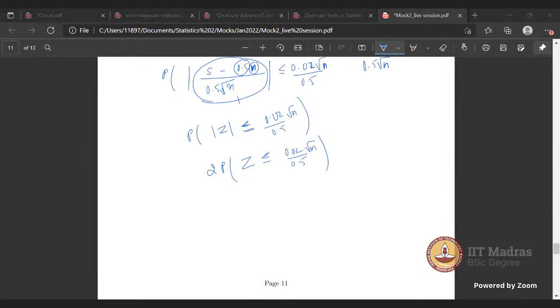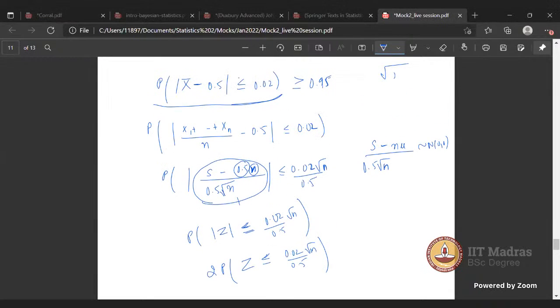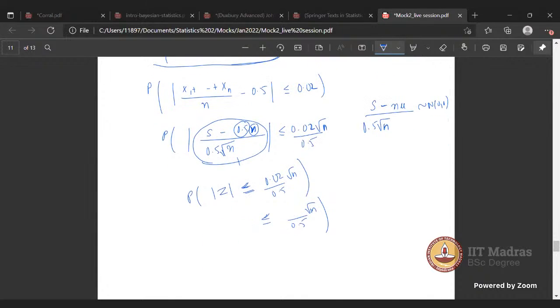Minus 1. Sorry. That will be the whole thing minus 1, no, ma'am. Whole thing minus 1. Where is it minus 1? We take common, then when we expand this modulus Z less than... Okay, what is 0.02 by 0.5? 0.04, I think.